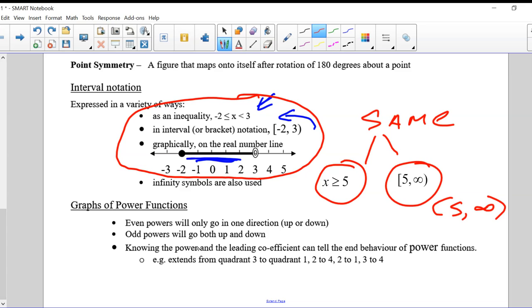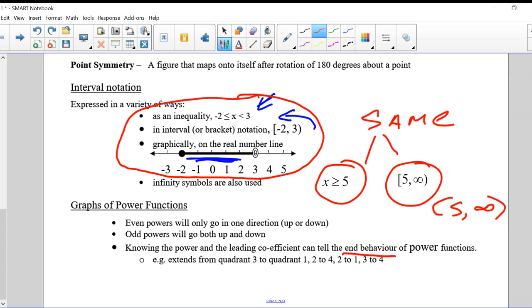Odd powers will both go up and down. What does that mean? That's what we're going to be explaining. So I'm going to come back to these things on where it says power functions in a few minutes. Knowing the power and the leading coefficient, here's the main thing that's going to become evident when we get to the next page.